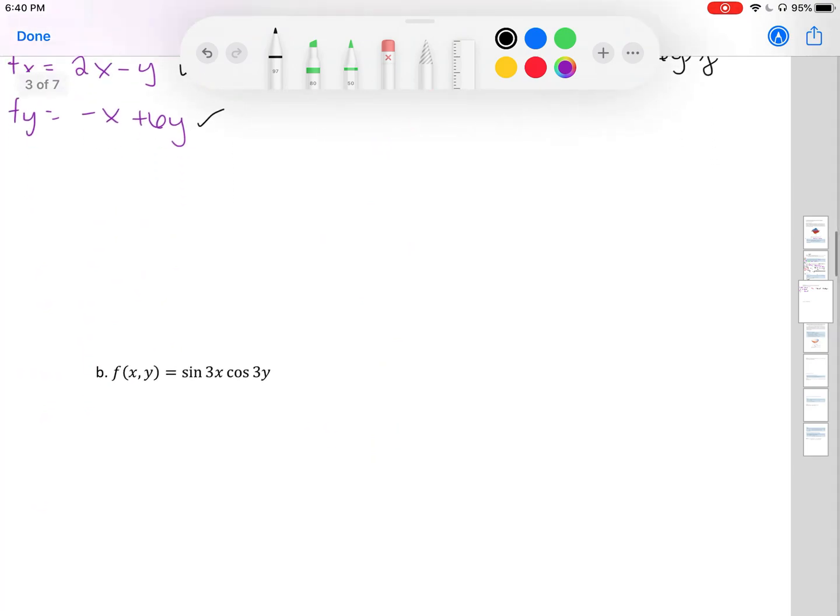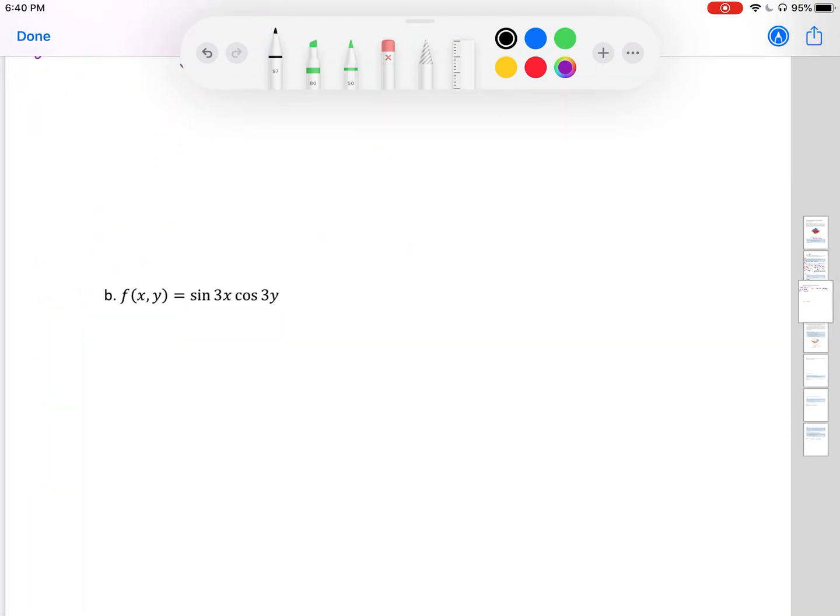Let's go on to the next one. So we have some chain rule. Let's go ahead and begin with the partial derivatives. So same as above.